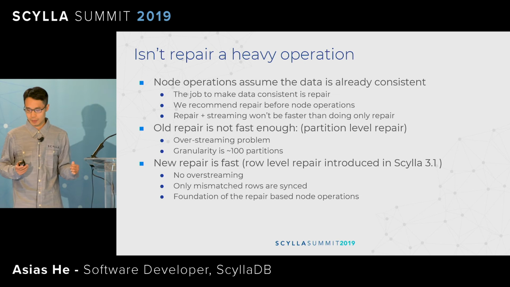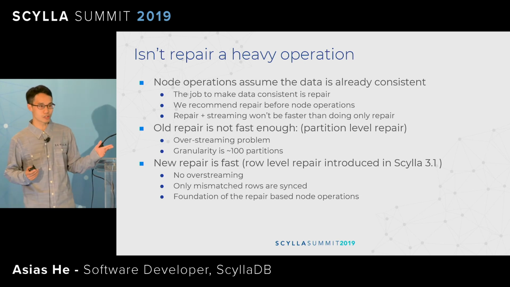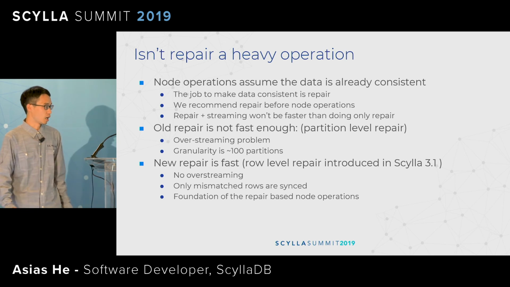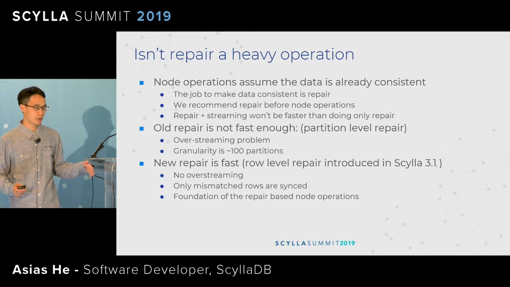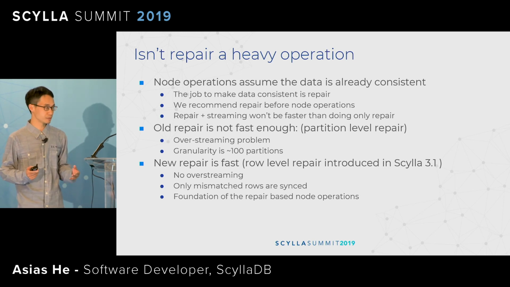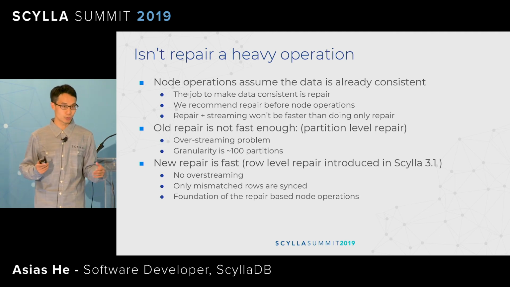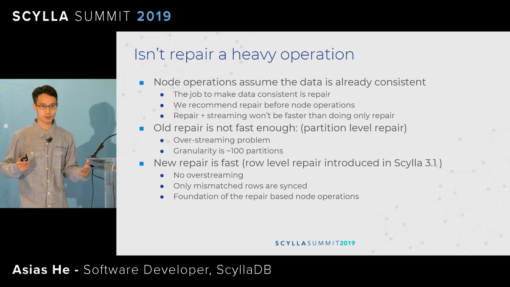That is a partition level repair, which has a so-called overstreaming problem. The granularity is around 100 partitions. That means if a single row in those 100 partitions is different, you will have to stream the whole 100 partitions, and a single partition can be very large.